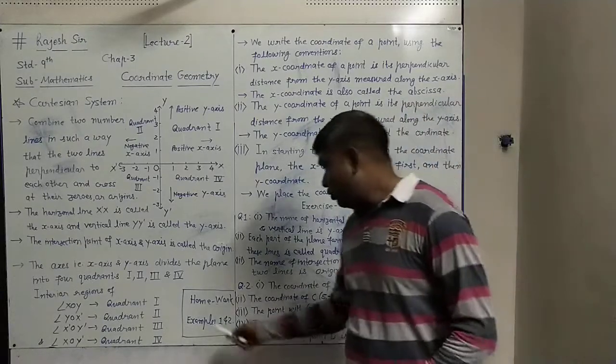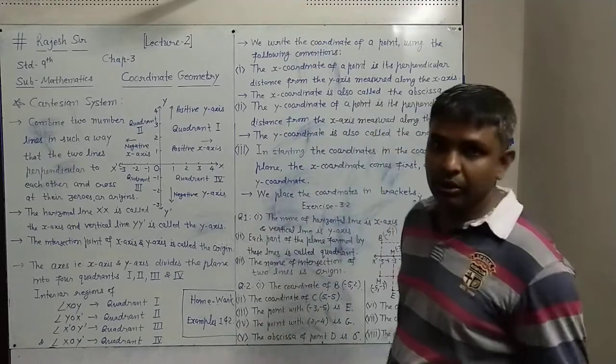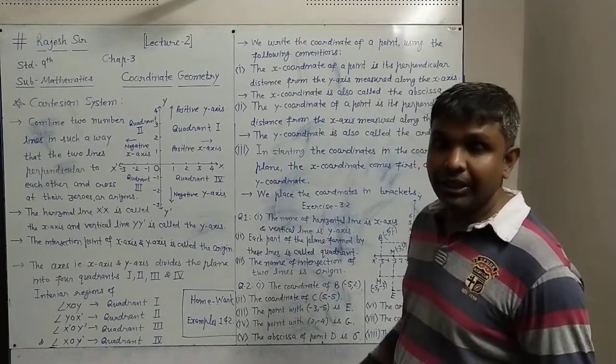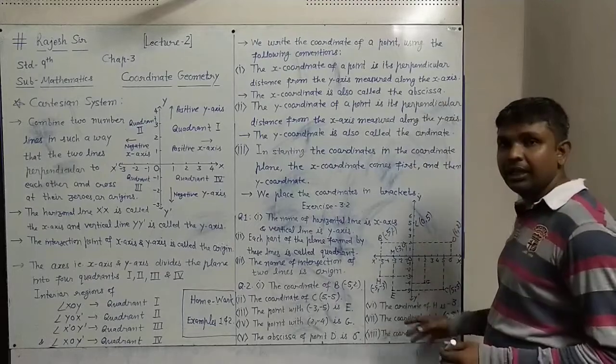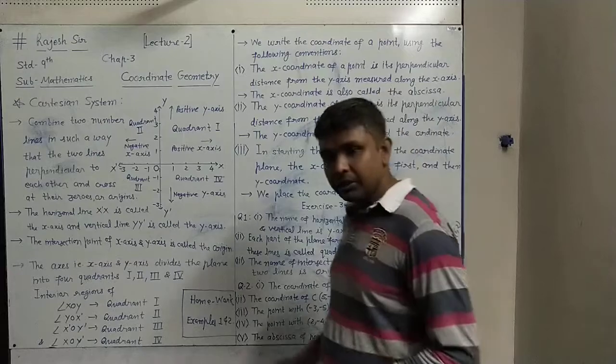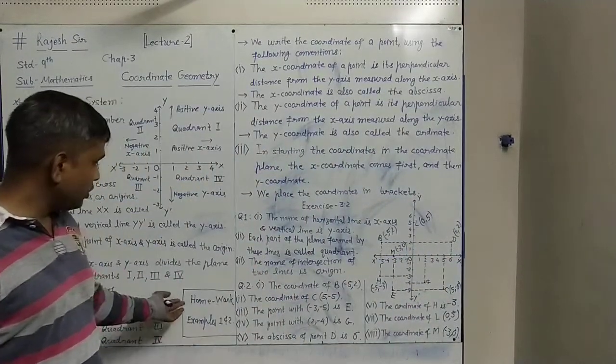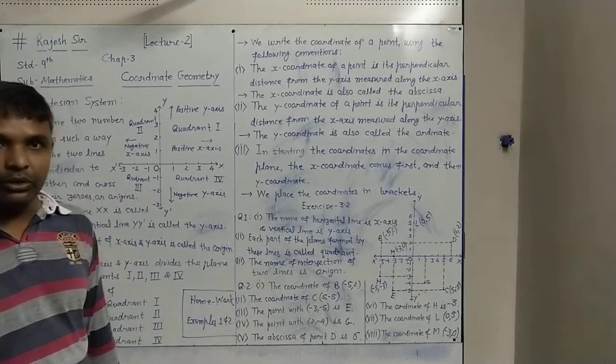Then your homework is to see examples 1 and 2 and write them down also. In those also, this type of figure is given with some questions about the coordinates of points, and you will be able to answer them.